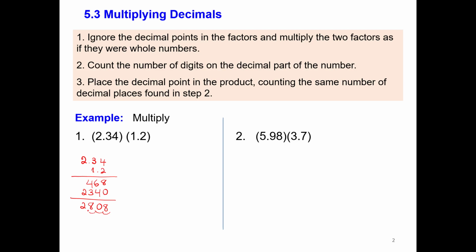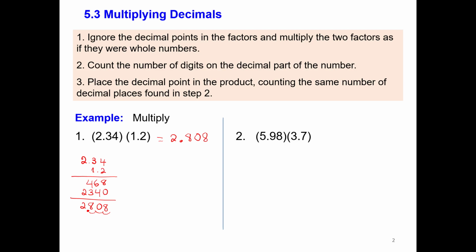Then here we need to write the decimal point, right over here. So if we multiply 2.34 times 1.2, the answer is 2.808. The decimal point is right over here, and this is the answer.